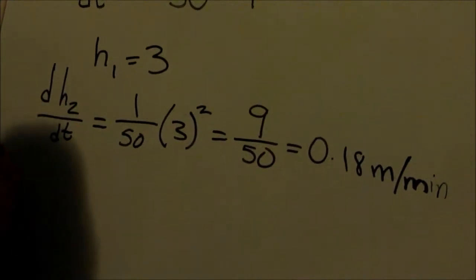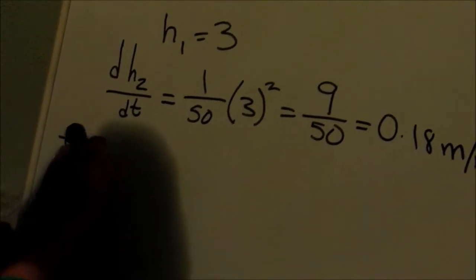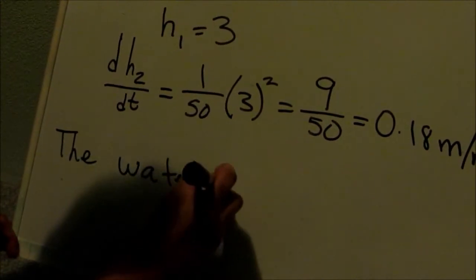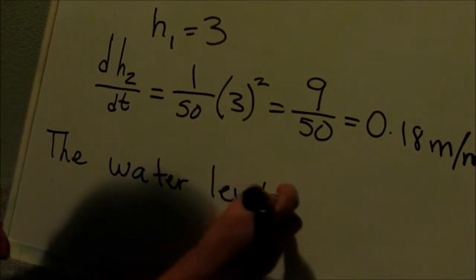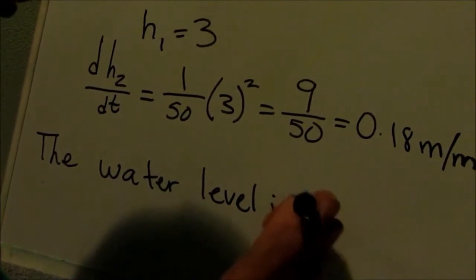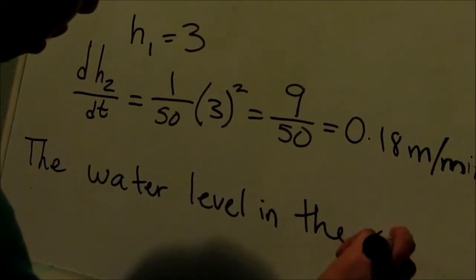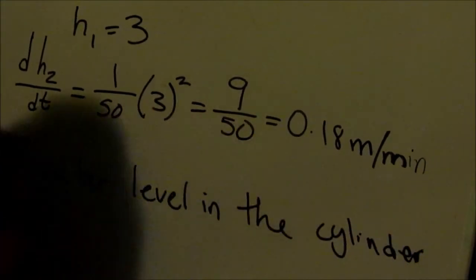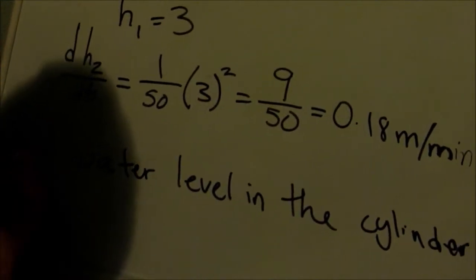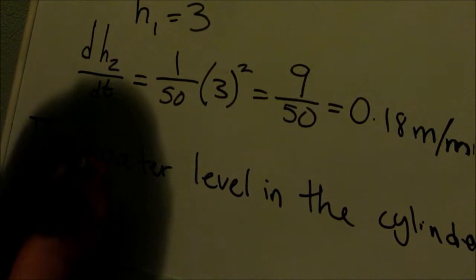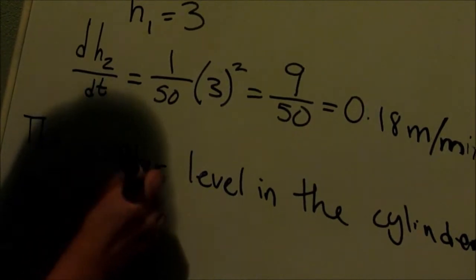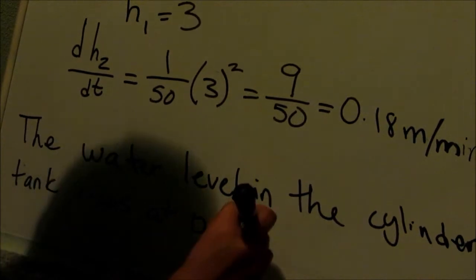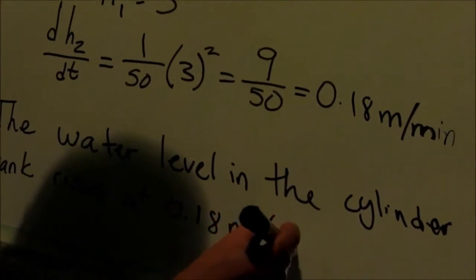In words, the water level in the cylinder tank rises at 0.18 meters per minute.